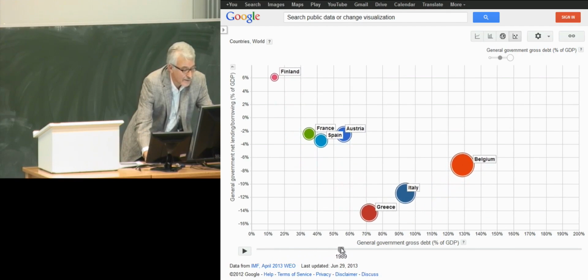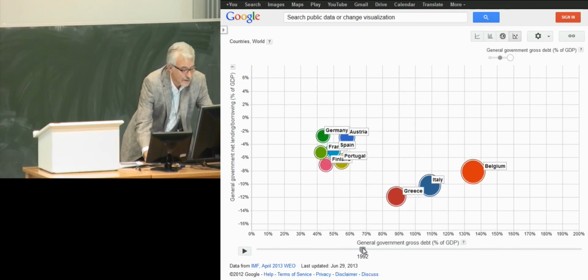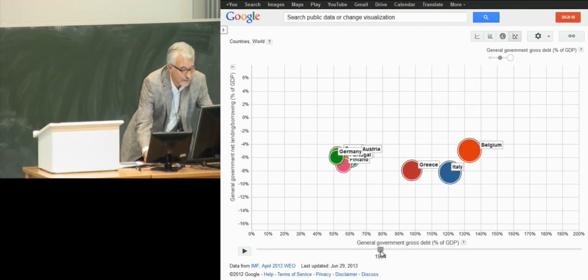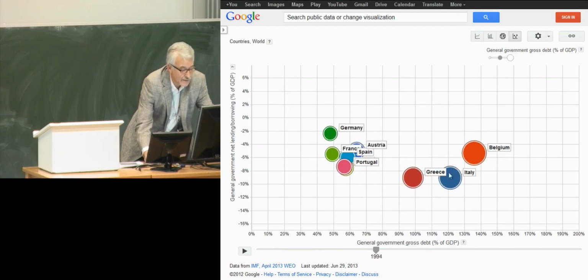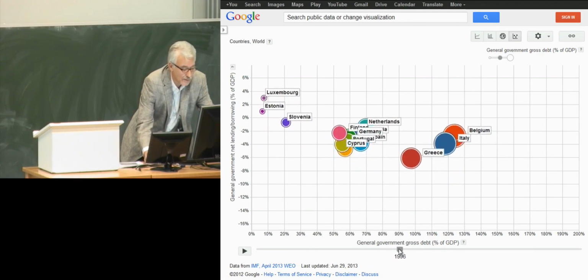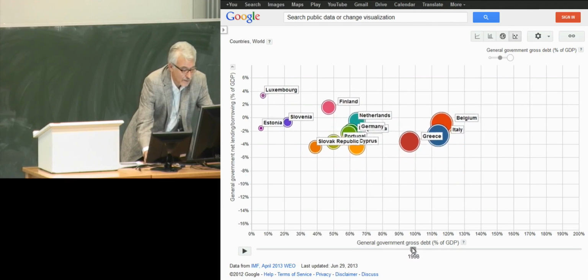Now Italy comes in, Greece moves to the right. Now we have these countries highly indebted, here those with lower sovereign debt GDP ratio.